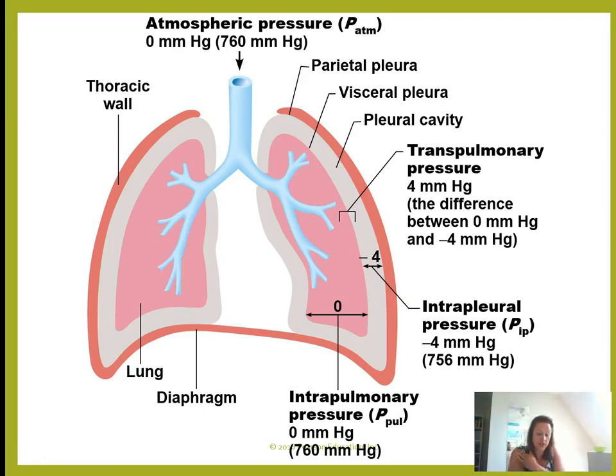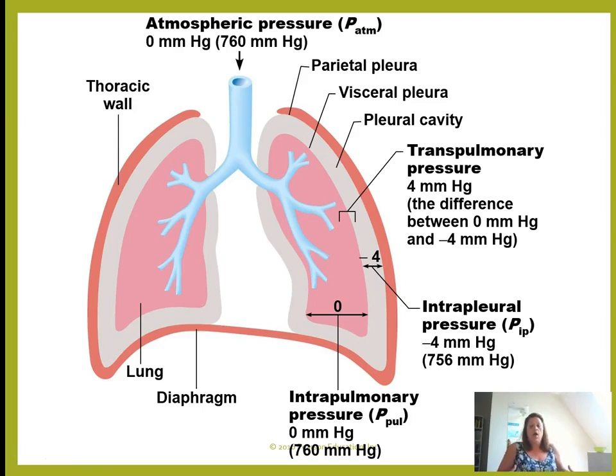So inspiration is when the diaphragm and the intercostal muscles contract. And when that happens, the volume increases. When the volume increases, that means the pressure drops. When the pressure drops, air flows into the lungs. It's a little bit tough to understand. When you want to really pull in a lot of air, then you're going to really pull the neck and thorax back.